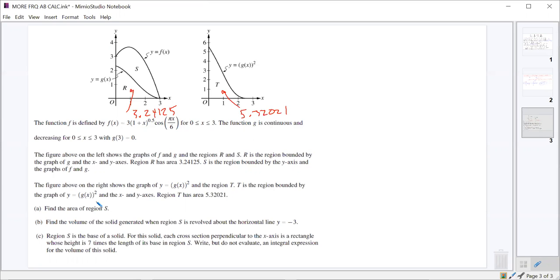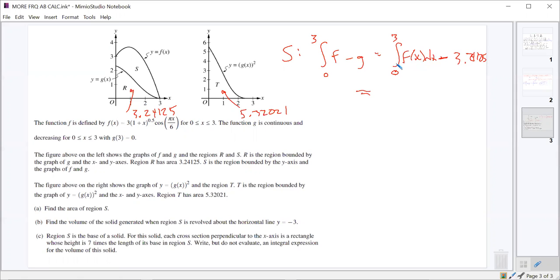So region S is the region between F and G. So region S should be the integral from 0 to 3 of F minus G. Well, we don't have the actual function for G, so we'll just say it's the integral from 0 to 3 of F of x dx minus, well, the integral of G is just the area underneath G, which they gave us, 3.24125.